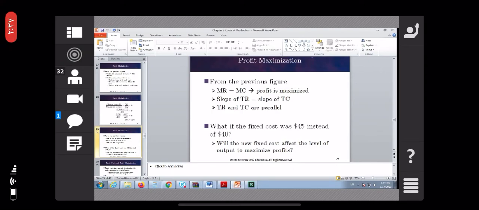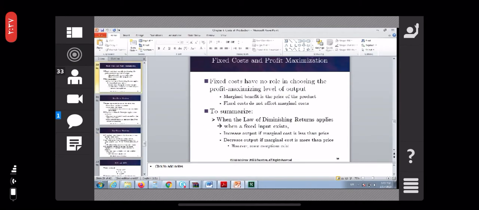No. Fixed cost has no role in determining the maximum profit, since fixed costs do not affect the marginal cost. What affects the marginal cost? Only the variable cost.